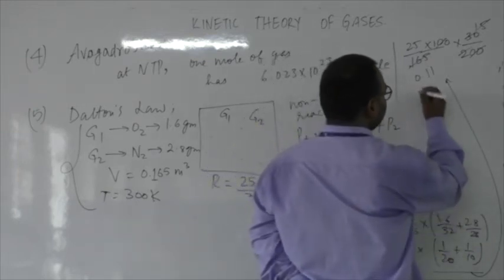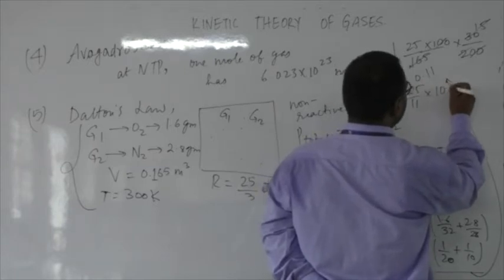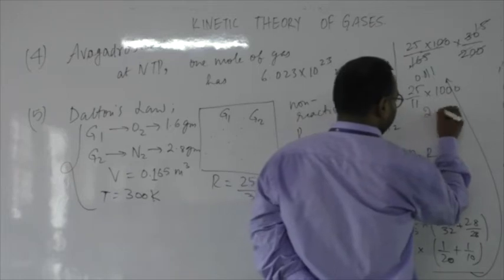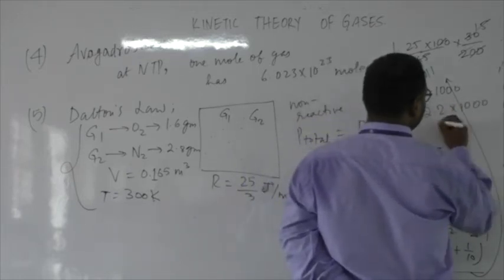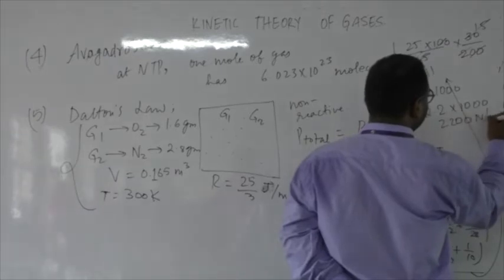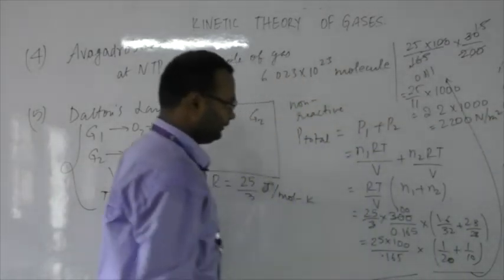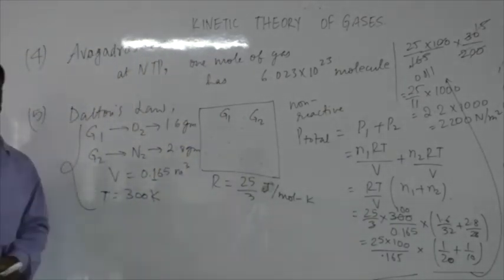So this will be 25 upon 11 into 100, so 2.2 into 1000. So 2200 Newton per meter square, you can say, is the approximate value of pressure. So this was for Dalton's law.